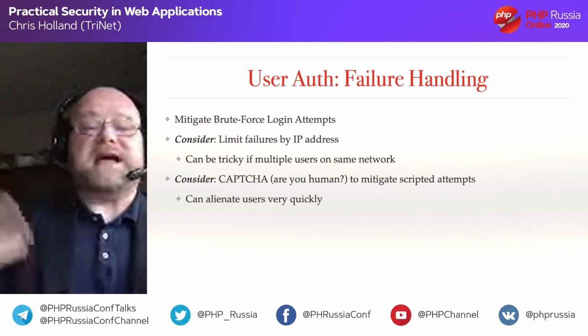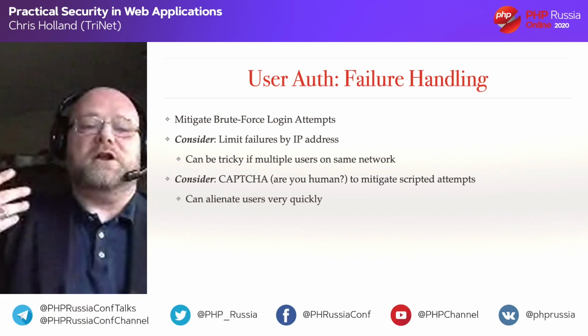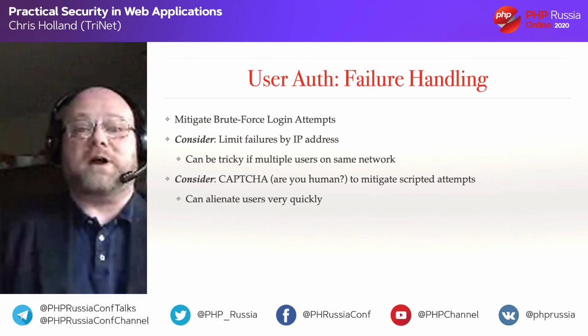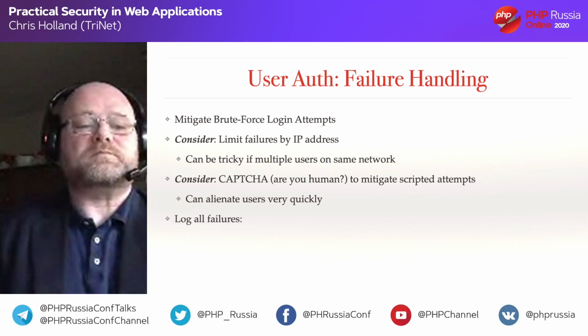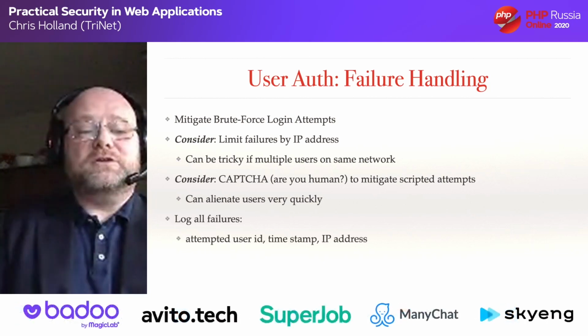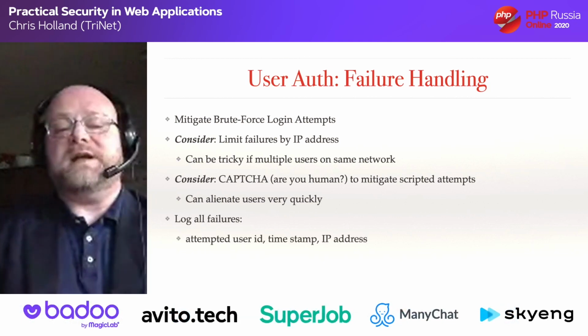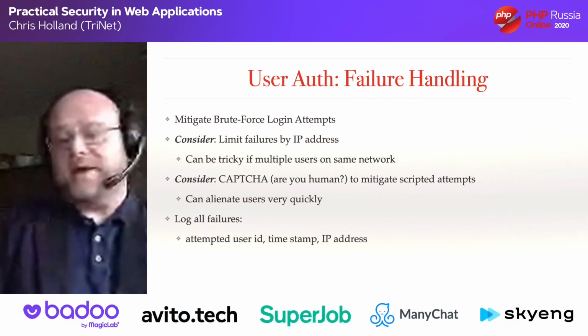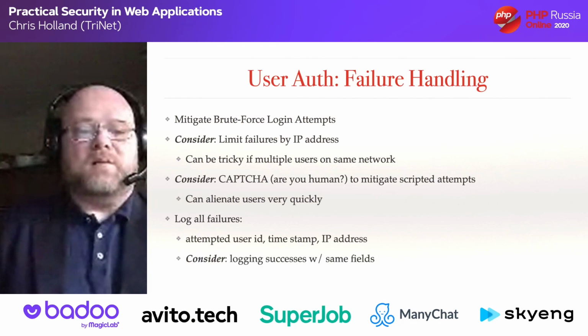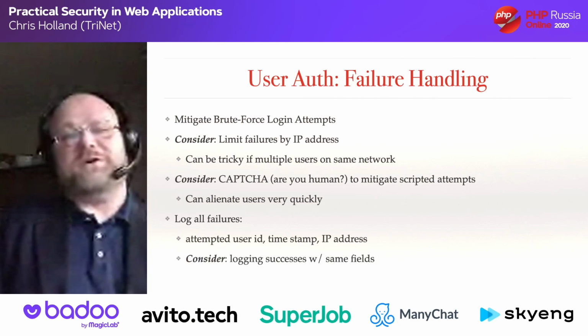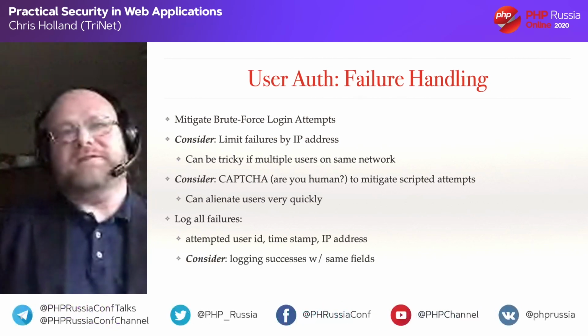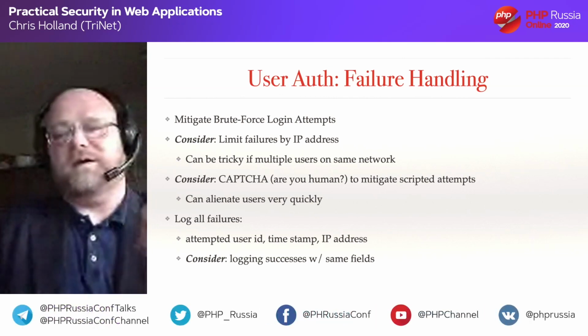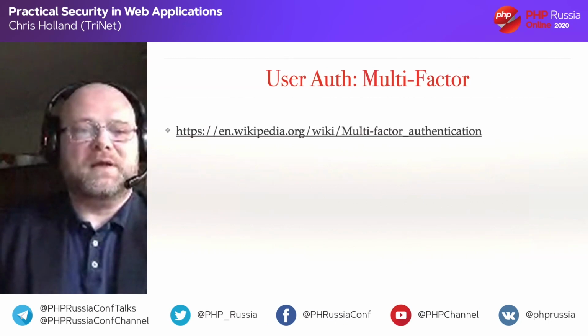But you should at least ask yourself this question, should we mitigate brute force attempts, and how can we do this? So definitely try to log all failures. What was the attempted user ID, any kind of timestamp, IP address. You might also consider logging successes, in case an account gets compromised and somebody's doing bad things with that account.